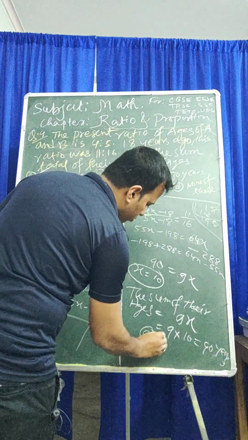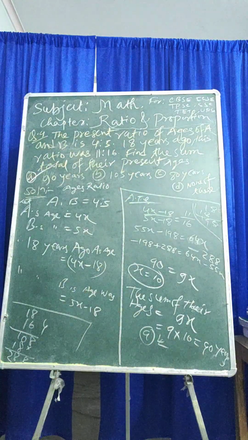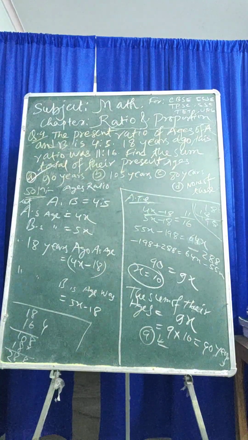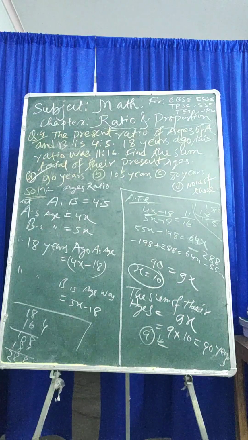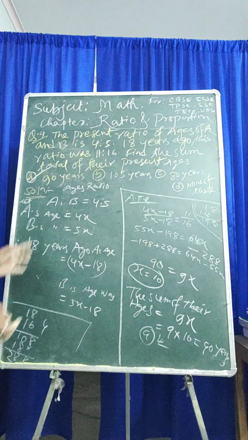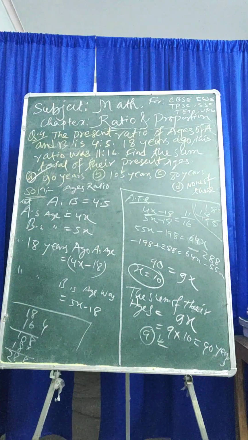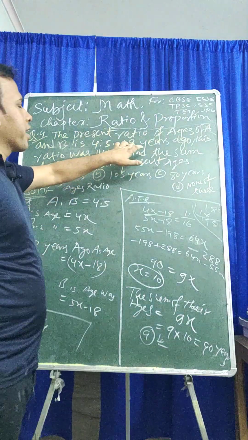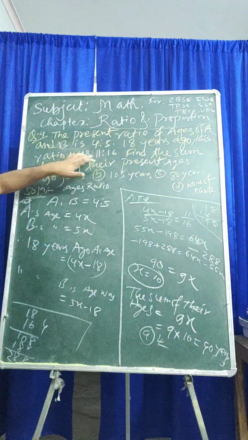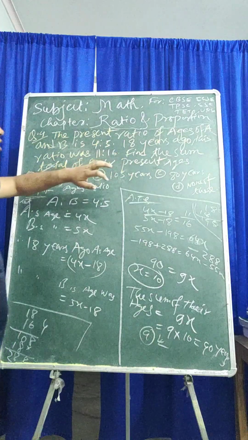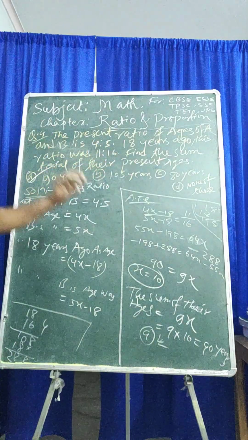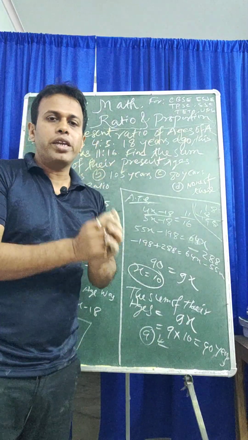Okay, so let me explain again in short. The present ages of A and B are in the ratio 4:5. Okay, fine. 18 years ago this ratio was 11:16. We have to find out the sum of the ages of A and B at present.